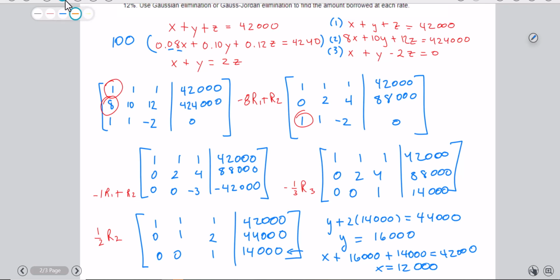So this is my 8%, this is my 10%, and this was my 12%.